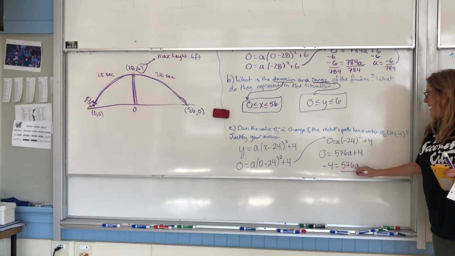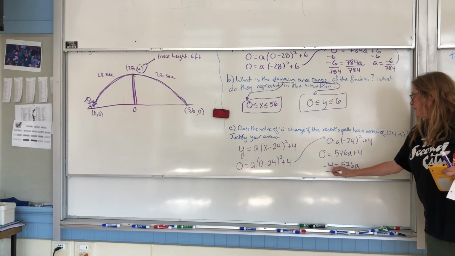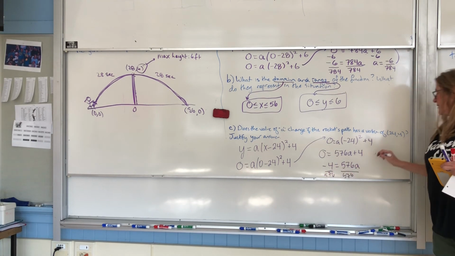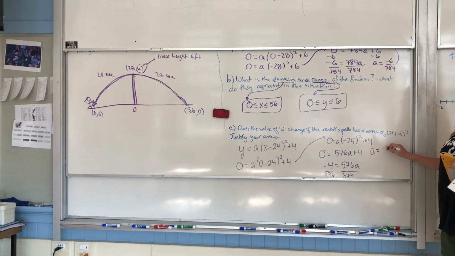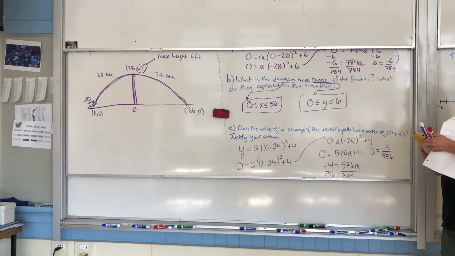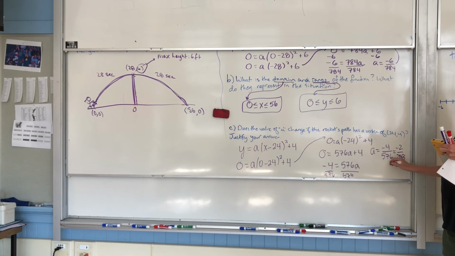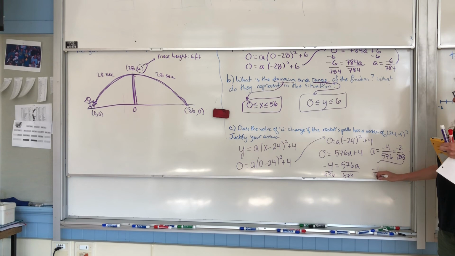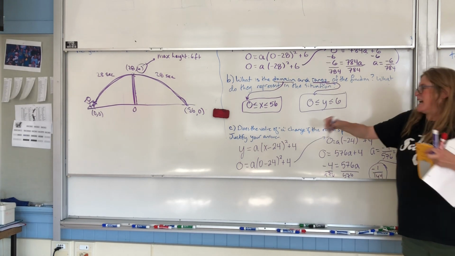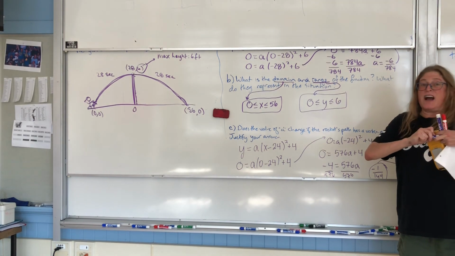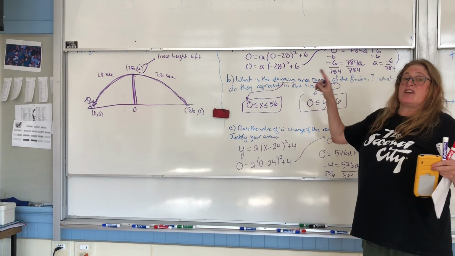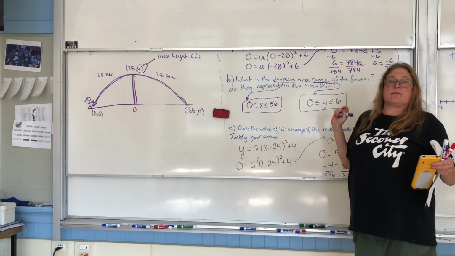So my new a is going to be negative 4 over 576, which is negative 2 over 288, or negative 1 over 144. That's our new a value. So it would make sense that it would change because now the maximum height's different, and the entire time that the rocket's in the air is different.